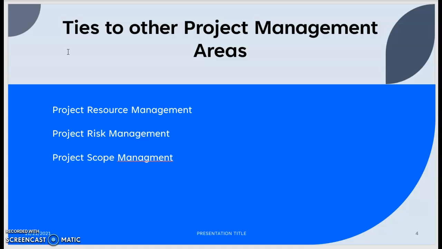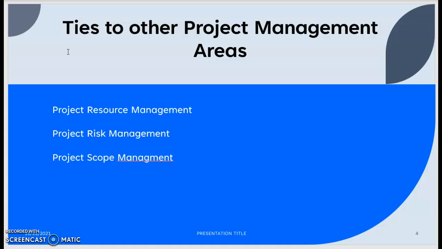Project scope management gets affected because you need to be engaged with the stakeholders in order to provide a scope management plan that will satisfy the primary stakeholders, and that way you'll be in time for your deadlines and other areas.